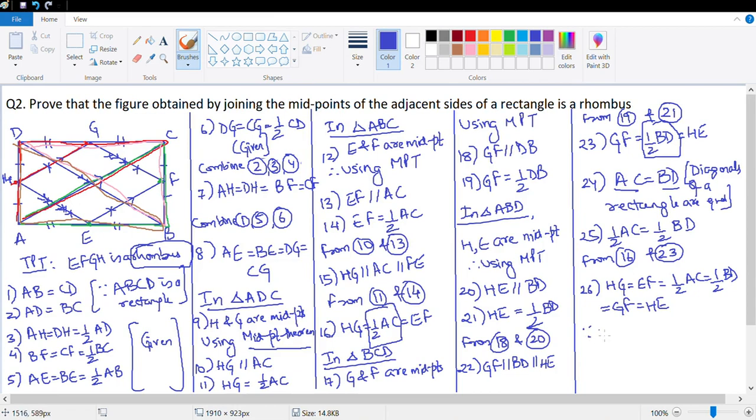Since all four sides are equal and opposite sides are parallel, therefore EFGH is a rhombus. Long question, took us a long time to solve, but the concept was simple.